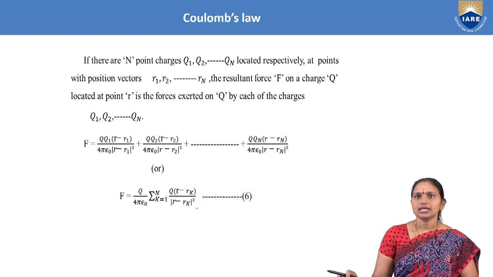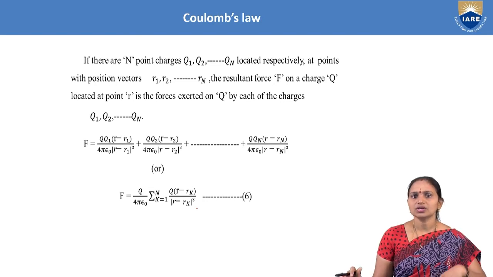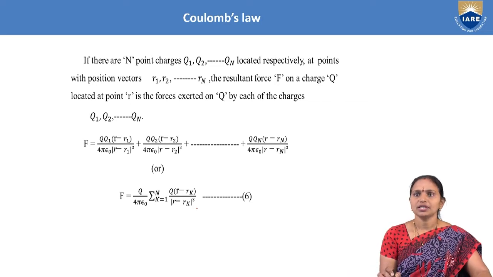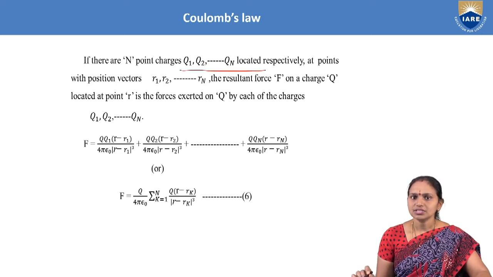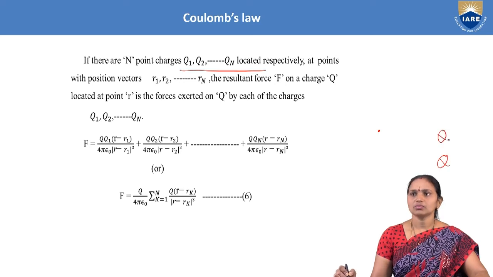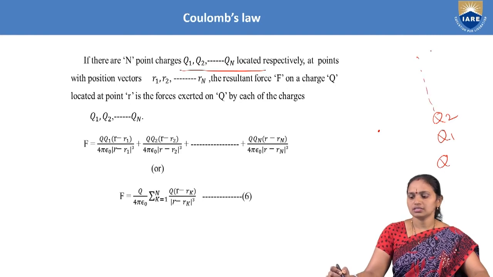Here take n point charges and name them Q1, Q2, and so on up to Qn. They are located at distances R1, R2, and so on up to Rn with respect to the origin. Now take the origin and a point charge Q, and the other charges Q1, Q2 up to n charges.